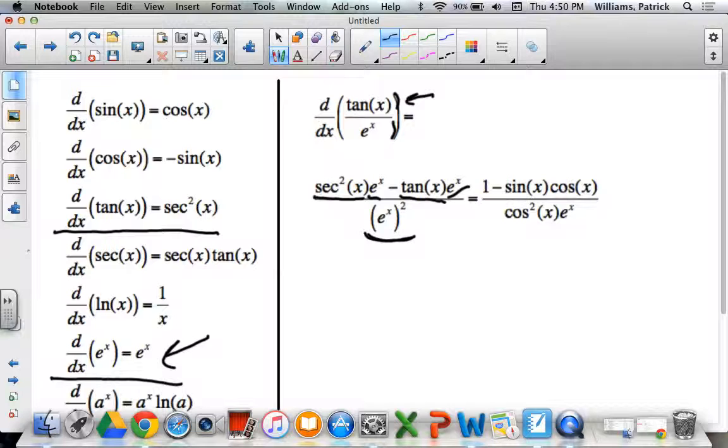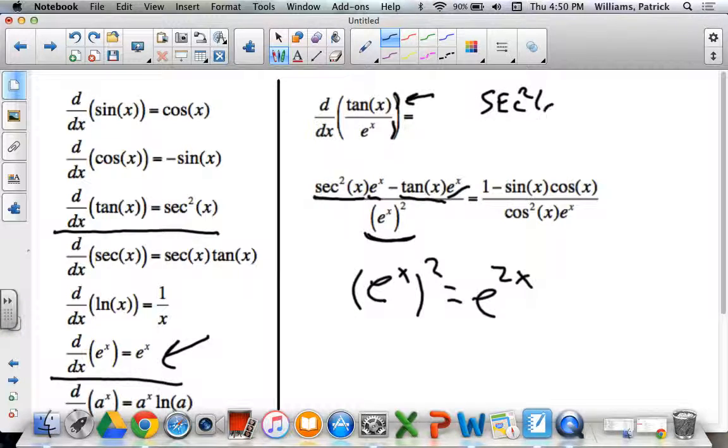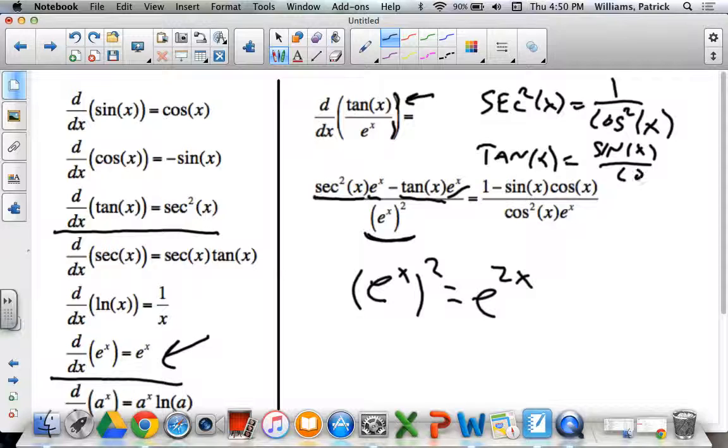Now, you can simplify this knowing, first of all, that e to the x squared is the same as e to the 2x. Also, some useful things to know is that secant squared of x is 1 over cosine squared of x, and tangent of x is sine of x over cosine of x.